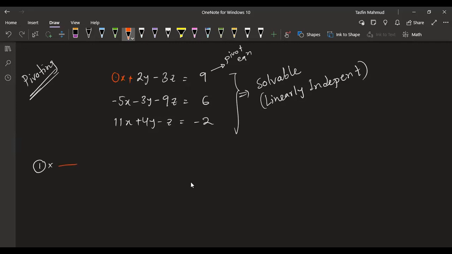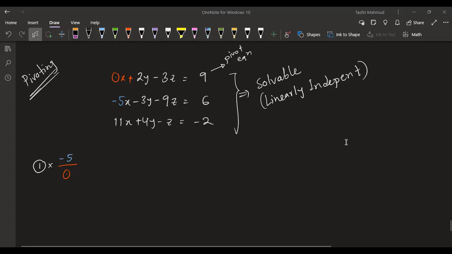So we are going to divide the first equation by 0 and multiply it by minus 5. Dividing something by 0 is a mess. If we try to divide by 0, we will get a math error in our calculator, and our code will just stop there.